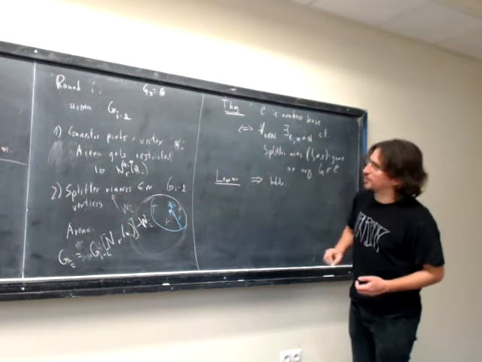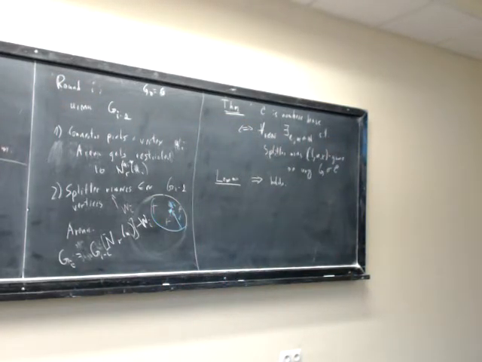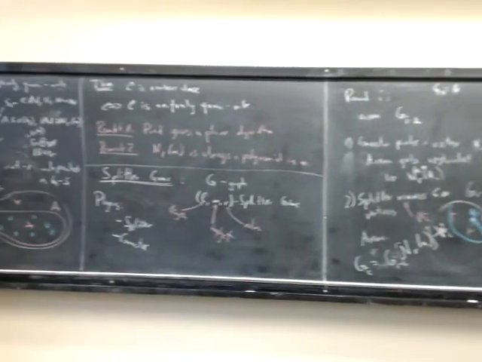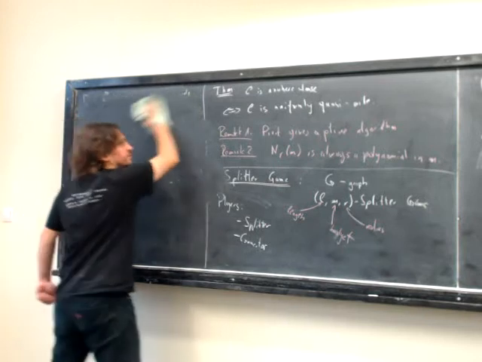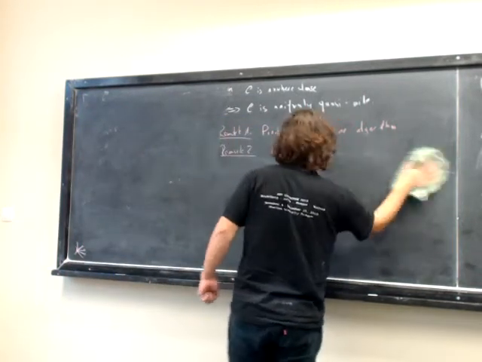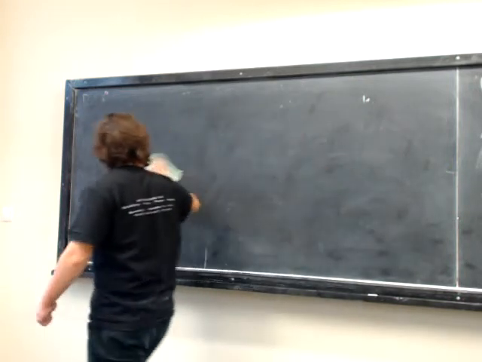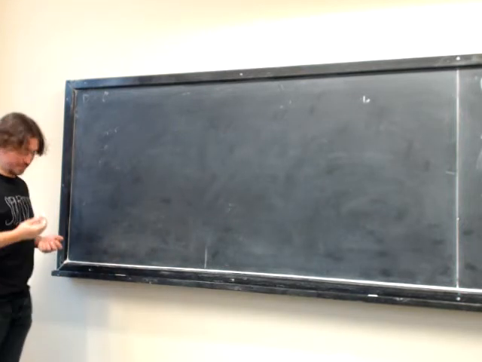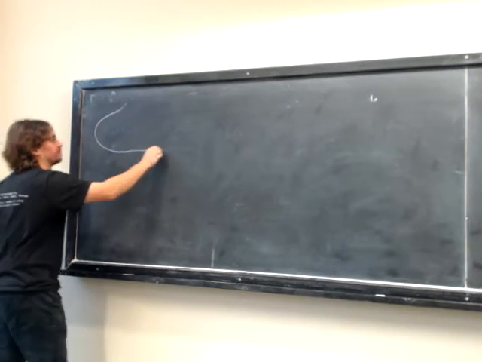This will take me some space, so I will move to this board and wipe it. I hope that you already remember what uniform quasi-wideness is. So I need to show you the strategy. Here is my graph.